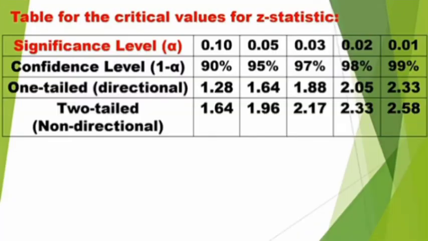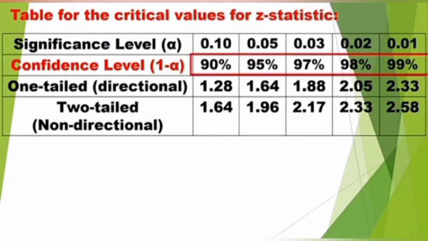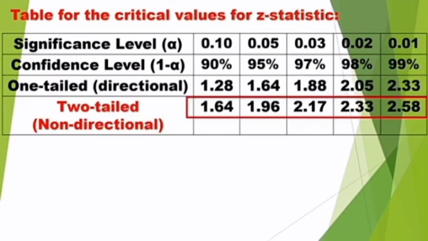And this is now the table of critical values for the Z statistic. For your correct decision, on the table, the significance level alpha is represented by decimals, the confidence level 1 minus alpha is represented by percentage, with the respective values for one-tailed or directional, and for two-tailed or non-directional.